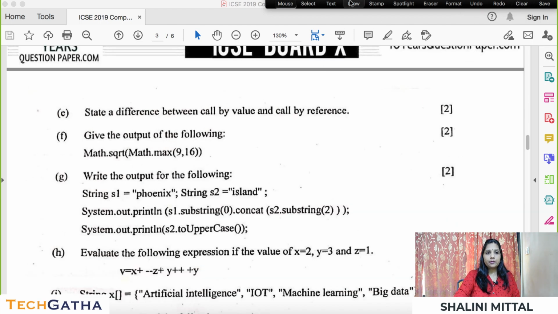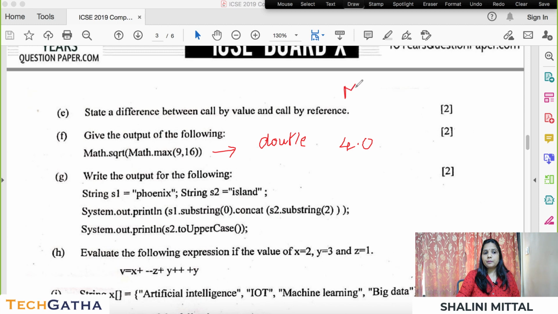Now this is again very important. Whenever you have questions on the Math class, we know that most of the functions return a value of type double. So when you say square root of Math.max of 9 comma 16, so max is 16, square root is 4, please write 4.0.